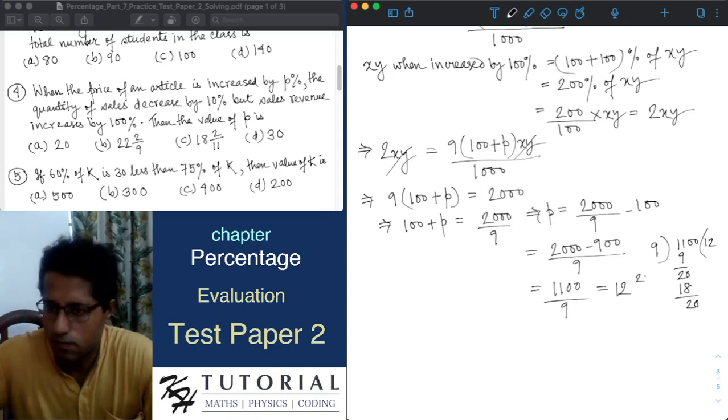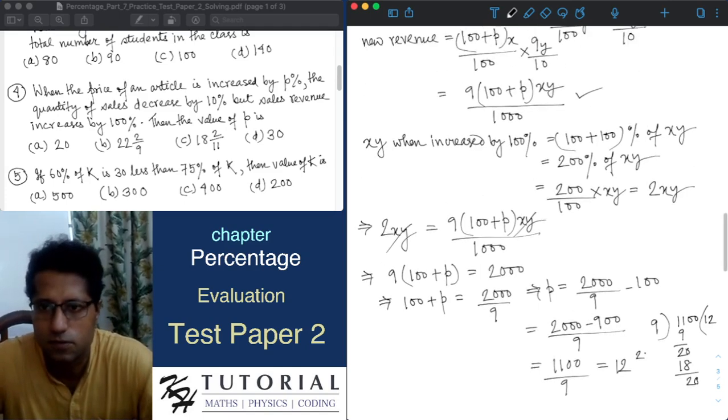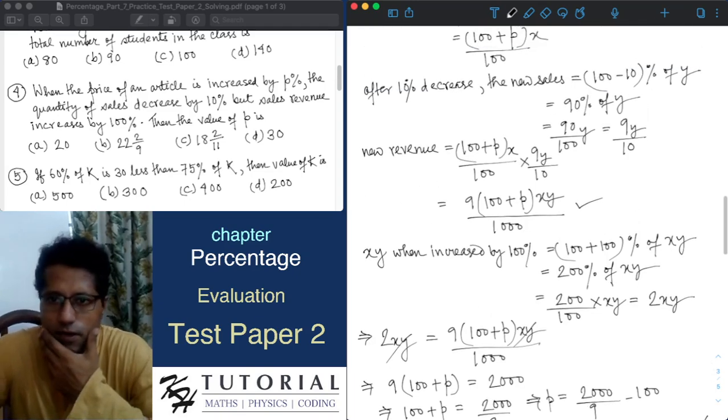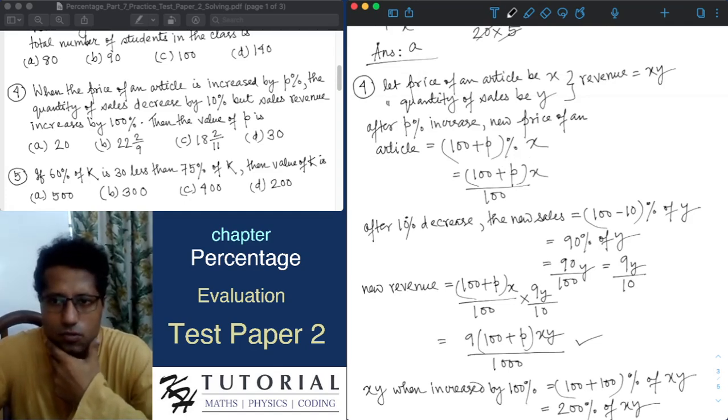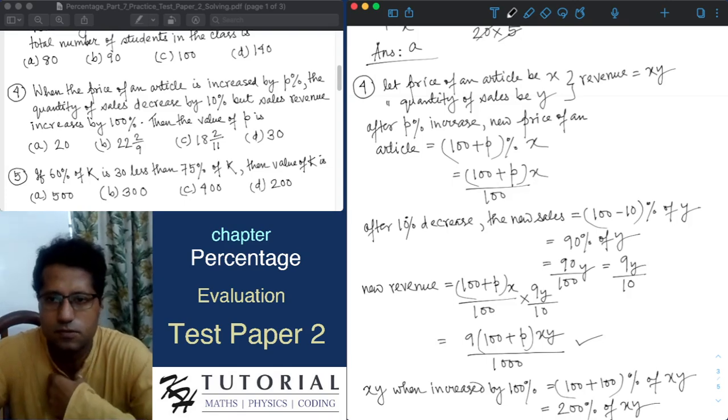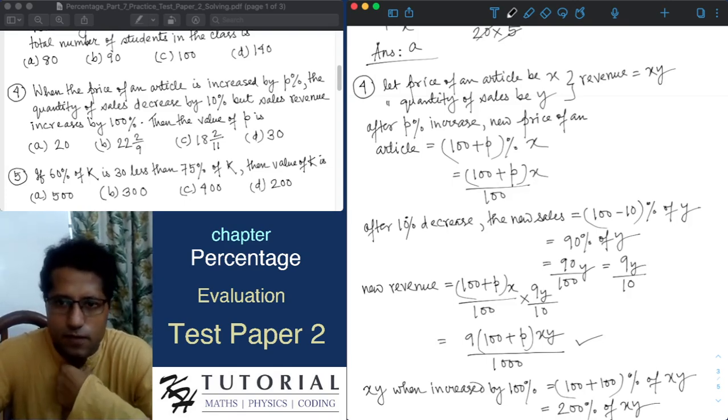Let me check. I must have done some mistake. Let me check once again. So let the price of the article be X, the quantity of sales be Y, then the revenue is XY, fine.